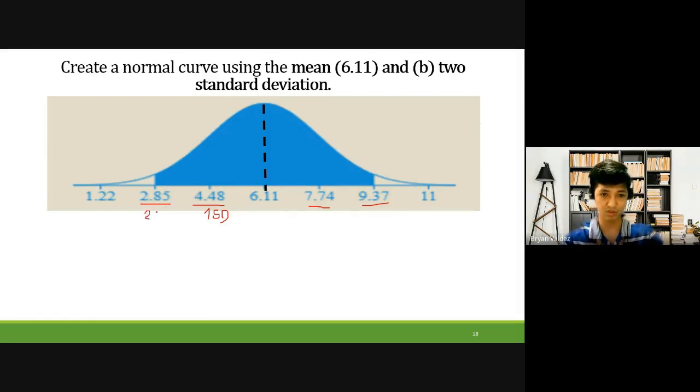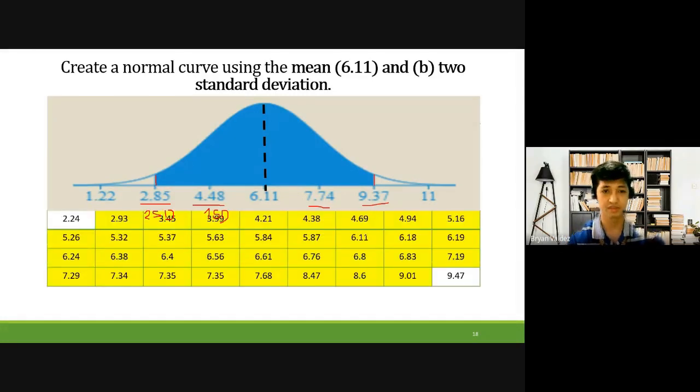So this is 2 SD away from the mean. So from 2.85 hanggang 9.37, aalamin natin alin doon sa mga data given yung nasa loob or nandun sa shaded area ng ating normal curve.